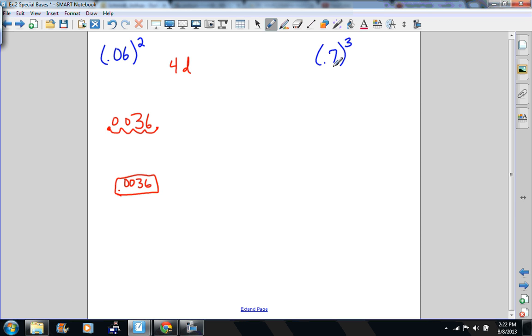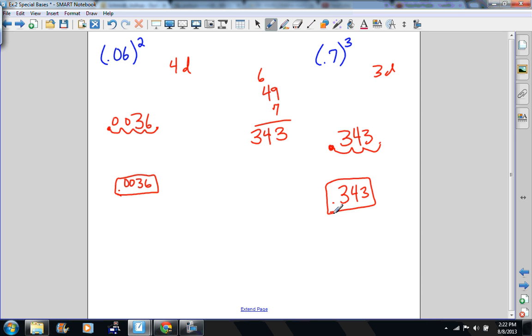This one we have 1 decimal place cubed, so we have 3 decimal places. 7 times 7 is 49. 49 times 7, that one I have to do this way, 63, 28, 343. And there are 3 decimal places, so 1, 2, 3. So 0.343 on this one. Questions on those? Make sure you bring them to me. We can work on them together.